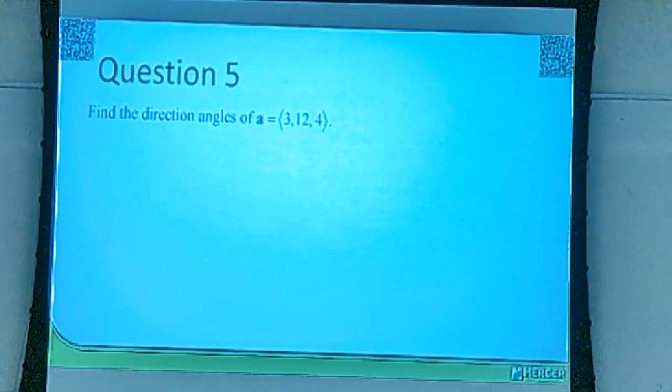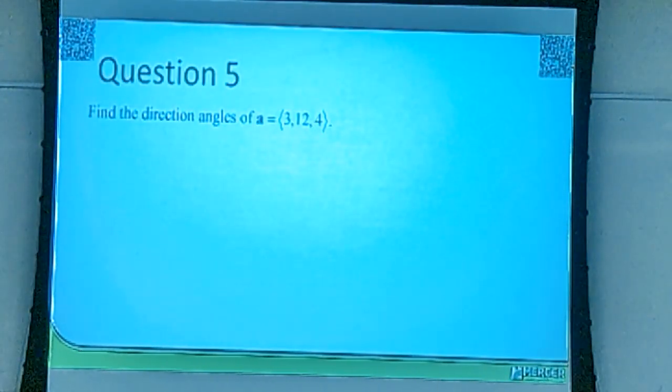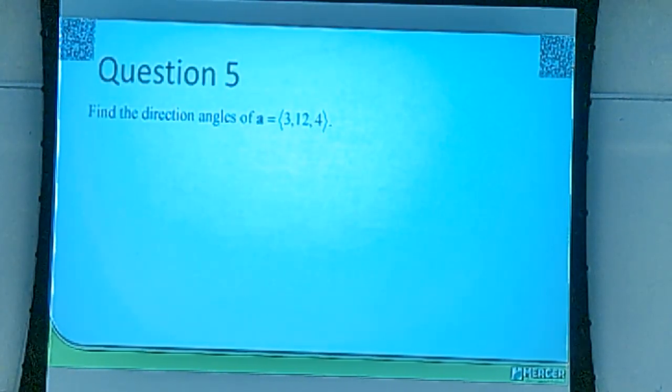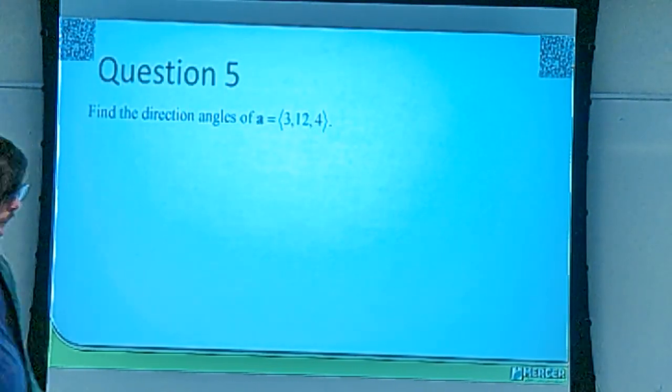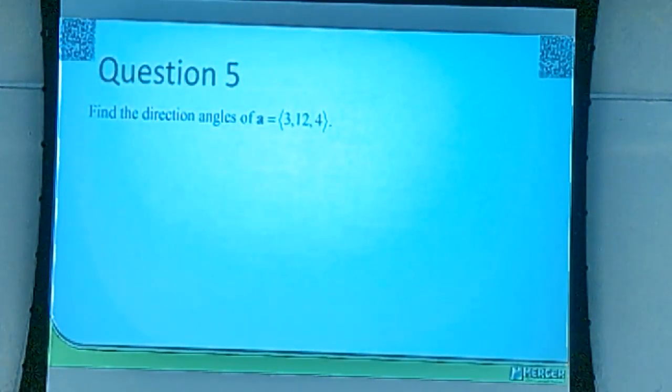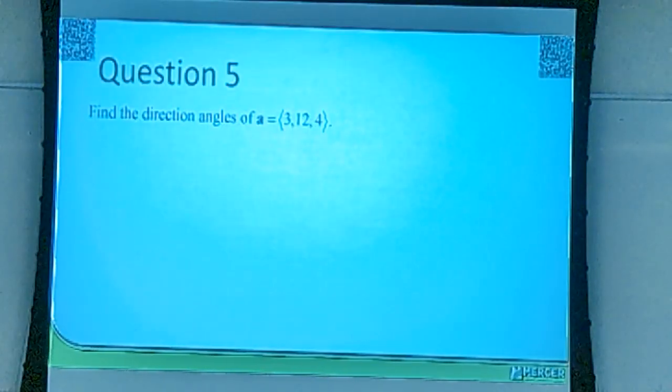Direction angles are just the angles that the vector makes with respect to the three coordinate axes. Alpha is for the x, beta is for the y, gamma is for the z. Which means we can just treat the axes as vectors, and then use cosine theta equals dot product over product of magnitudes.